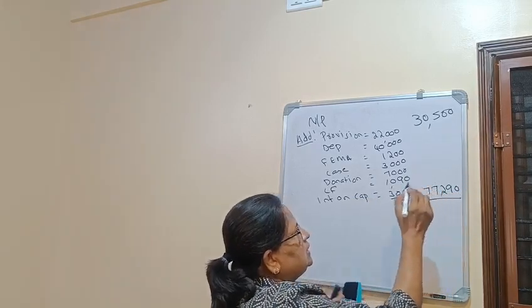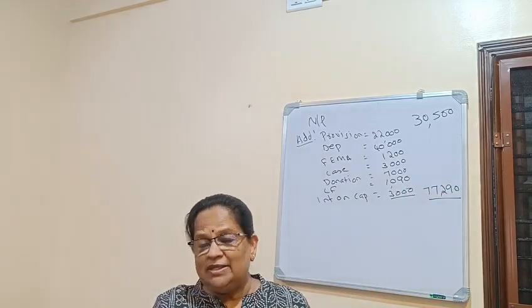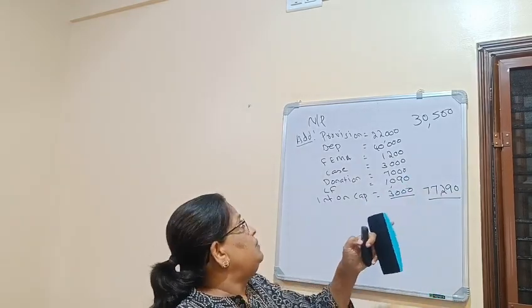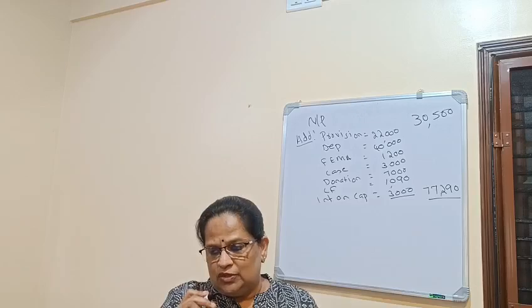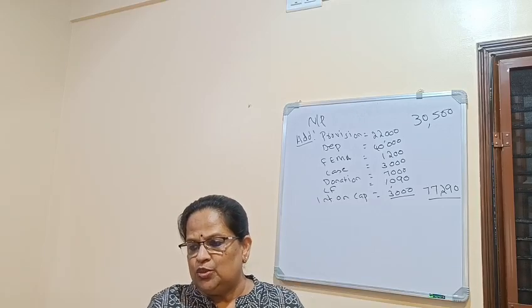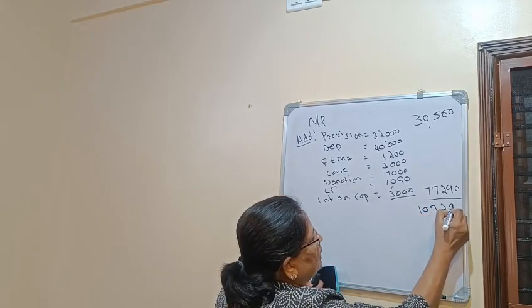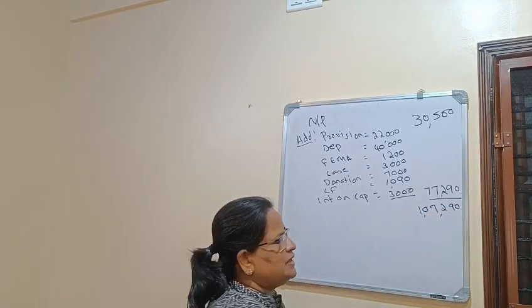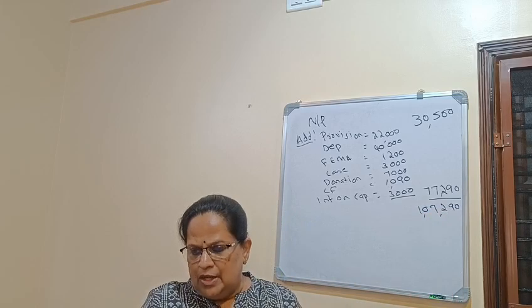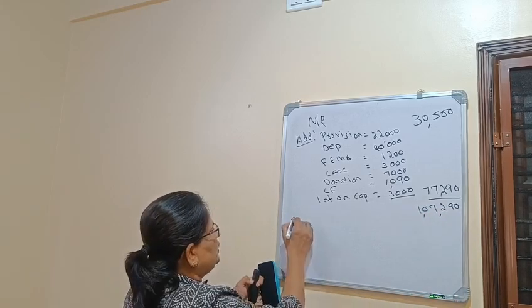So you have to add back these items. 30,500 plus 77,290, you will get 1,07,290.